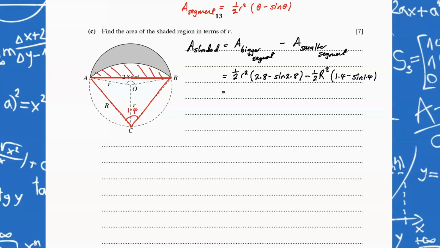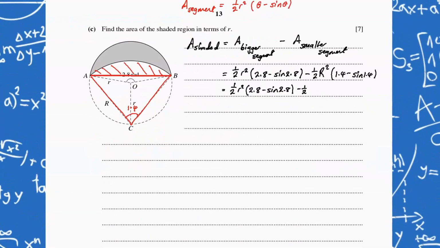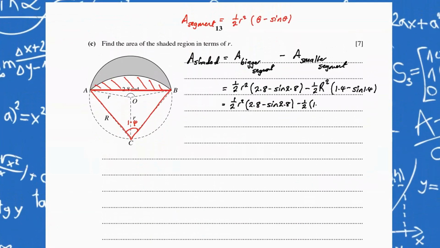All right, so this is as good as half r squared of 2.8 minus sine of 2.8 minus half. Now for capital R, we had gotten that capital R is 1.53 of small r, so I'll say 1.53 of small r squared of 1.4 minus sine of 1.4.